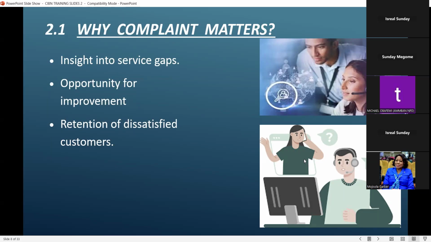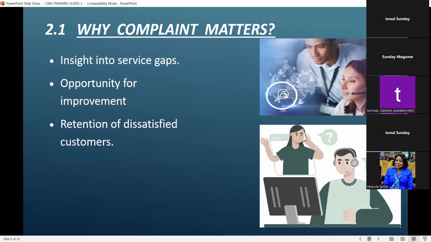Two, opportunity for improvement. Remember what I've just said. Because that person complained and you are seeing the service gap, you say, okay, this is what I'll do next. I'll be giving my staff just maybe one bundle per time. I'll be in my office and that one bundle, I'll count it, or I'll place a notice where customers will see that please confirm your cash before leaving.